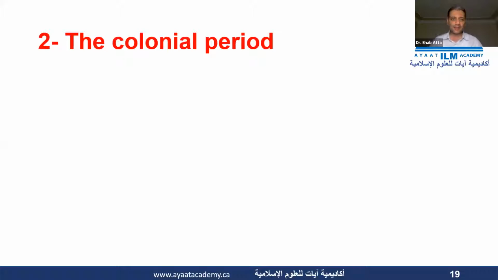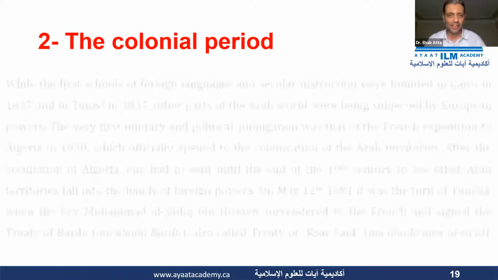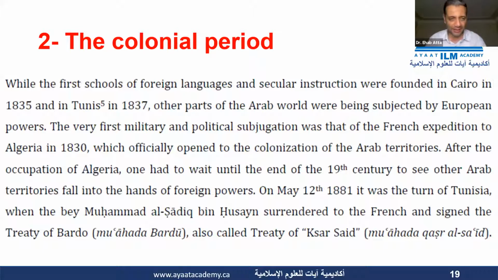Now let's enter the colonial period. Let's go forward after the 18th and at the beginning of the 19th century. While the first schools of foreign languages and secular instruction were founded in Cairo in 1835, and in Tunis in 1837, other parts of the Arab world were being subjected by European powers.